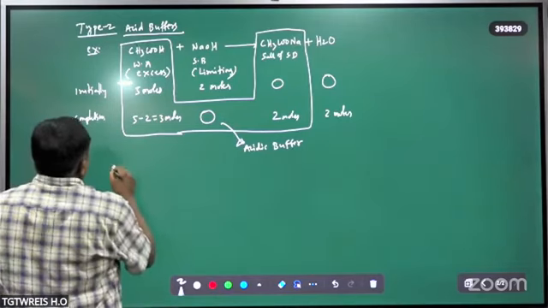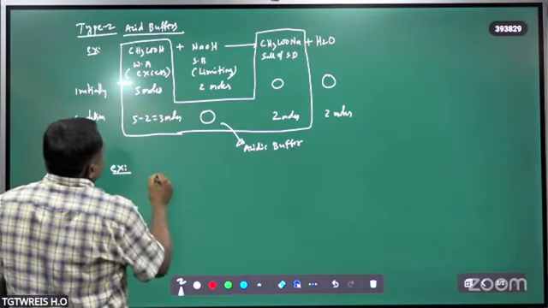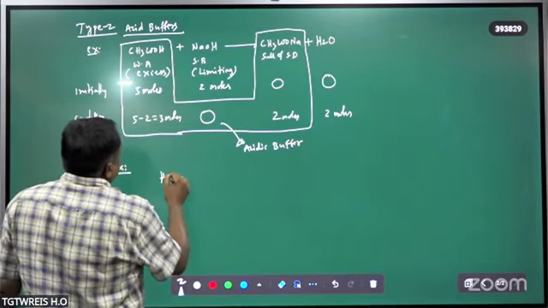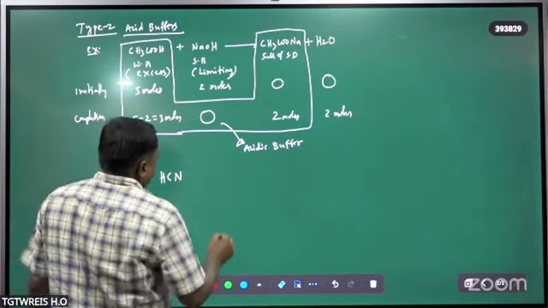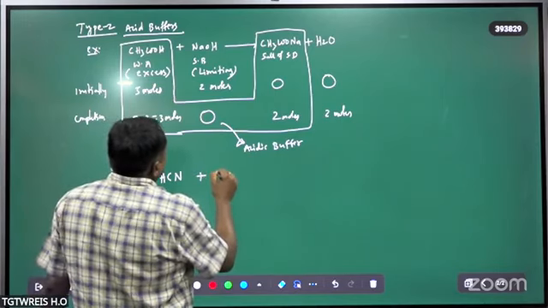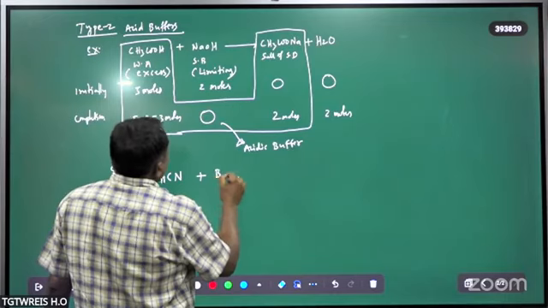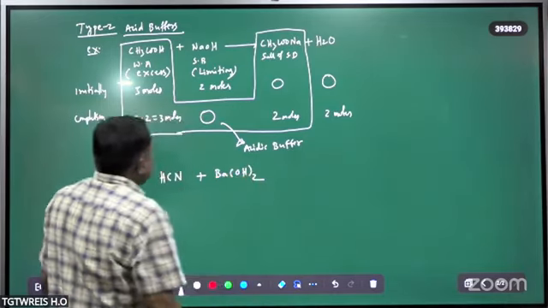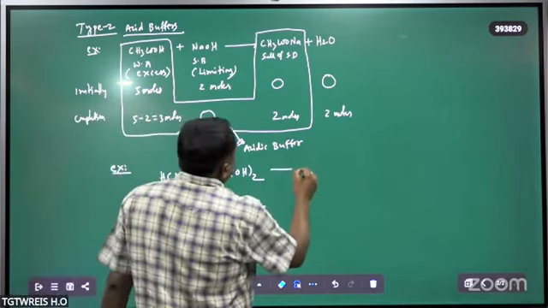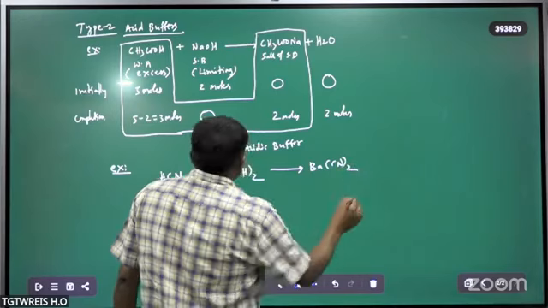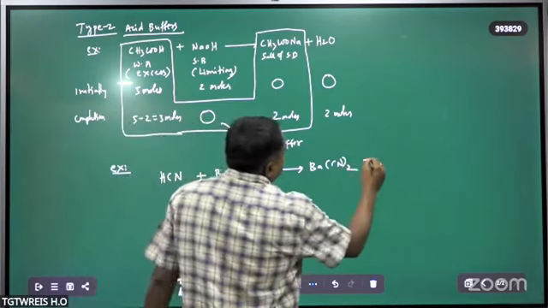And one more example in this: suppose you take HCN plus barium hydroxide. So HCN plus barium hydroxide, you will get barium cyanide plus water.